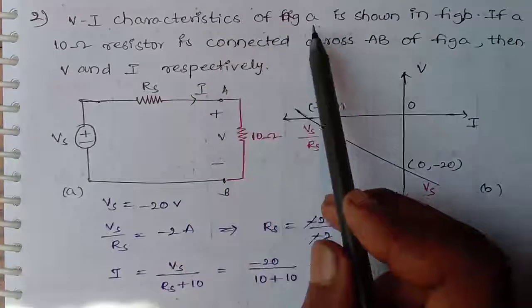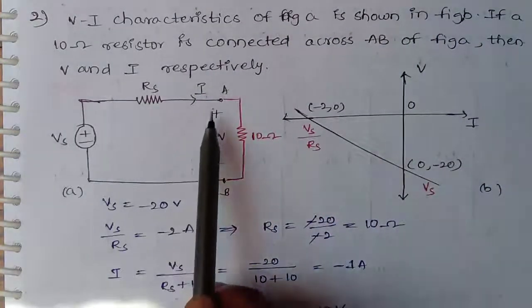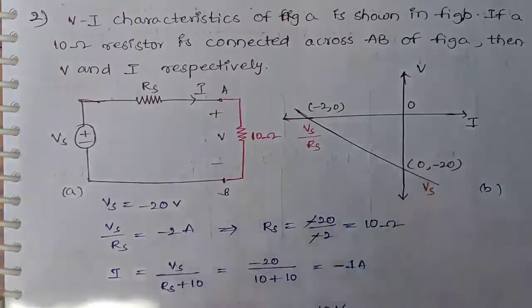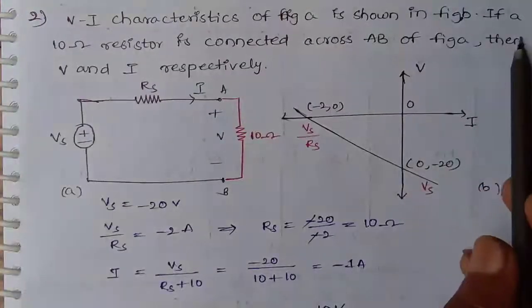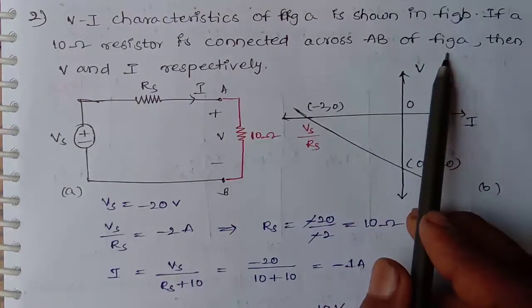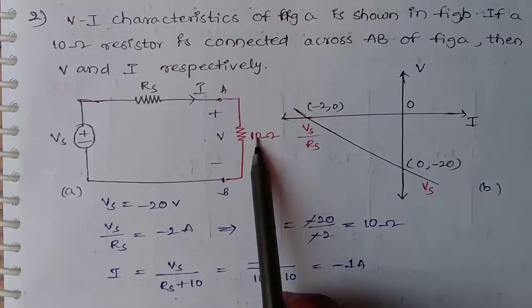VI characteristics of figure A are shown in figure B. If a 10 ohm resistor is connected across AB of figure A, then we need to find out V and I across this 10 ohm resistor.